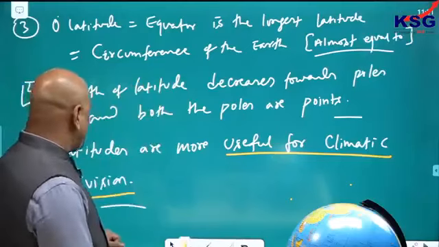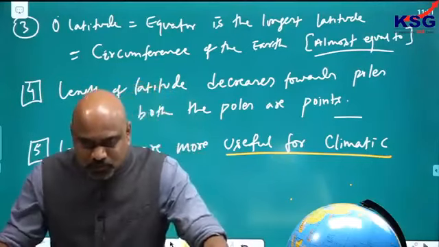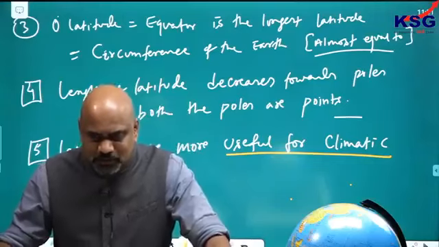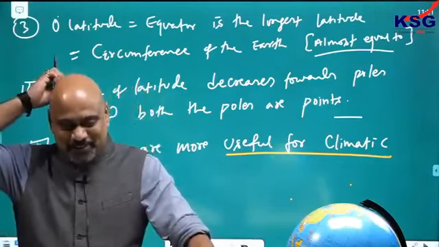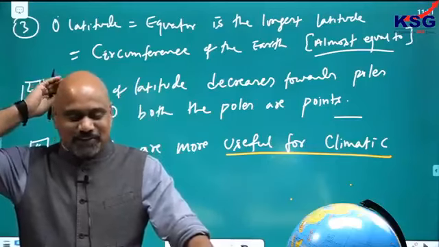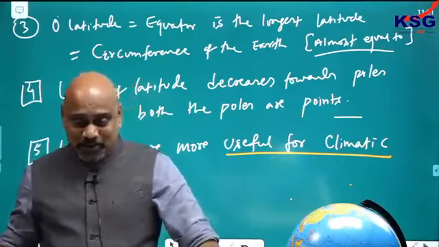Latitudes are more useful for climatic division. Clear hai? As more land mass, hence most of the world population is in northern hemisphere. Is that the reason to call the sun arriving Tropic of Cancer summer solstice? Subhajit, you are thinking more than, बहुत कुछ सोच रहा है, लग रहा है दुनिया के बारे में भाई.